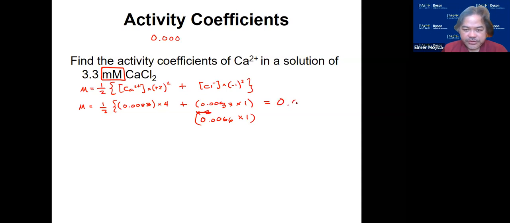So if we got 0.099, no, 0.0099, because I got 9.9 times 10 to the negative 3. So that means you can round it up to 0.01.